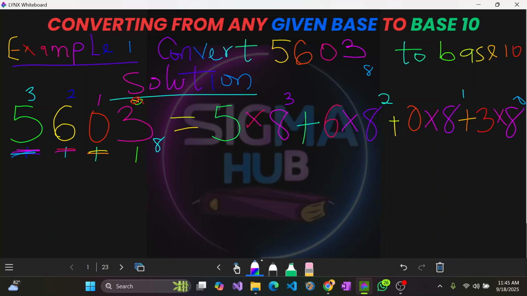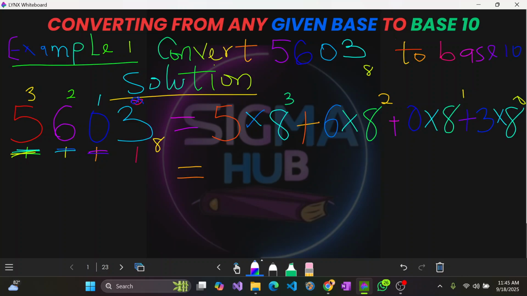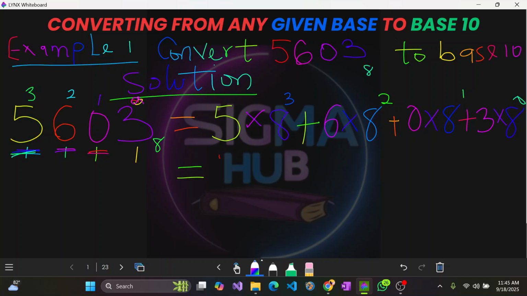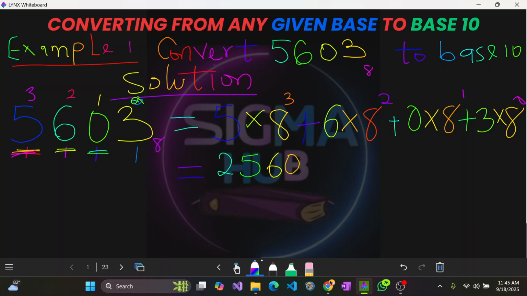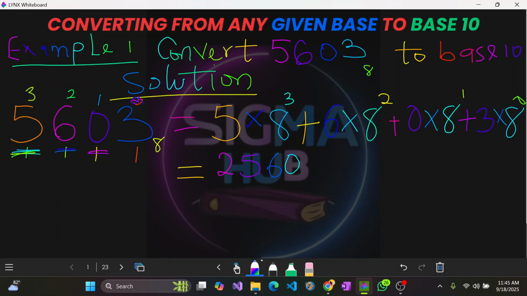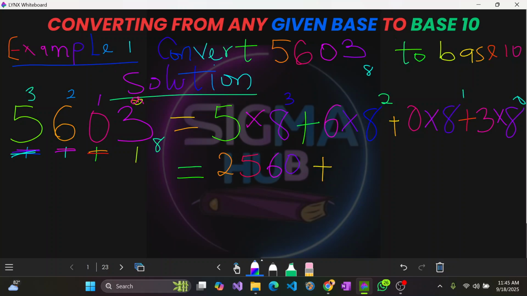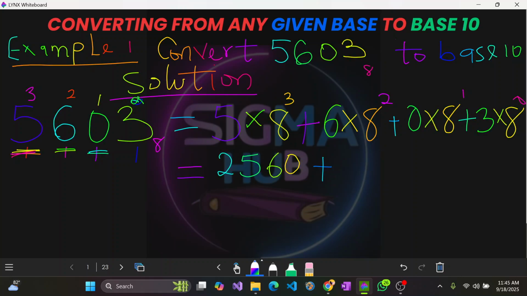So when you have 8 raised to the power of 3 multiplied by 5, everything is going to give you 2560. Plus 8 raised to the power of 2, that is 8 times 8, which is 64.